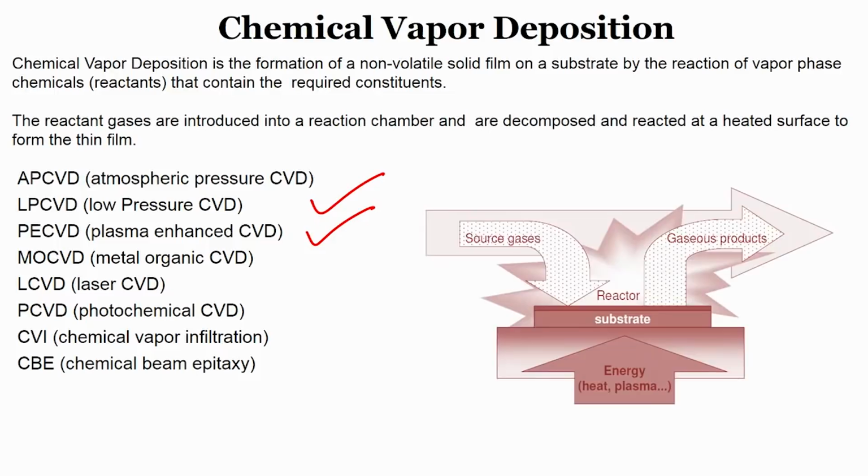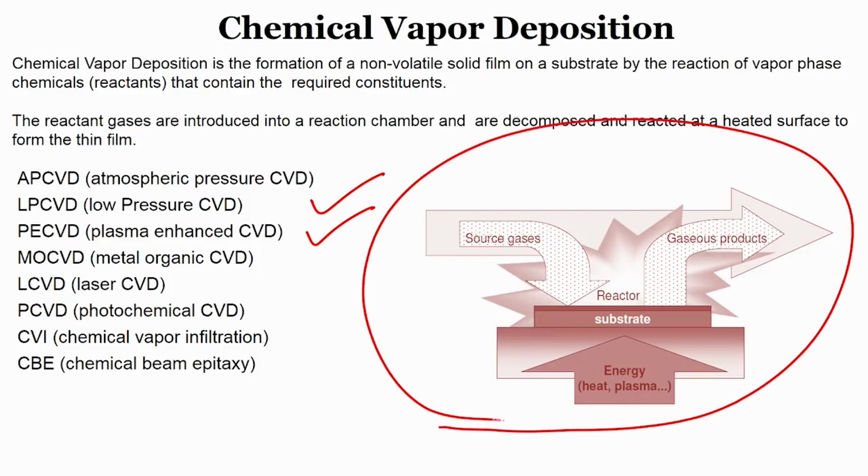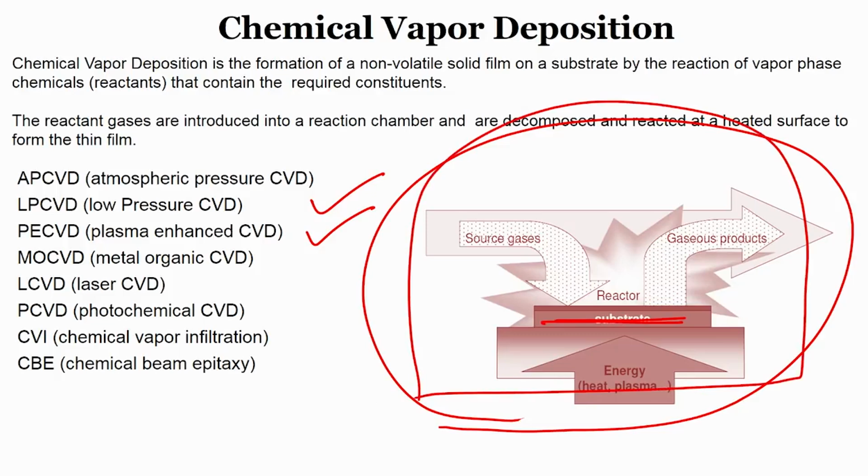If you go to the next slide, same slide, this is how the CVD system is. You have a high energy heated plasma. This is a substrate, this is a chamber, everything is inside the chamber. I will show it to you as an example here.